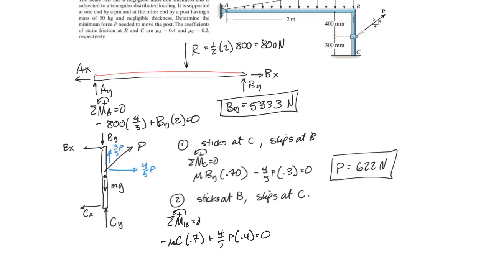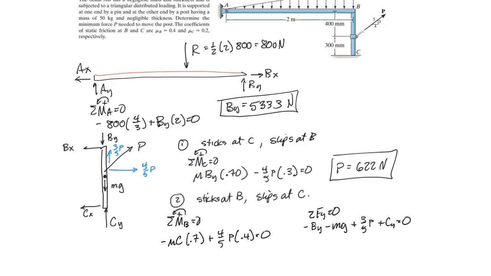In order to find out what the force at Cy is, I have to do the sum of the forces in the y equal to 0. So in that case, I have minus By minus mg plus 3/5 of P plus Cy is equal to 0. And I'm just going to give you the answer here. I have By, I've already solved for that.